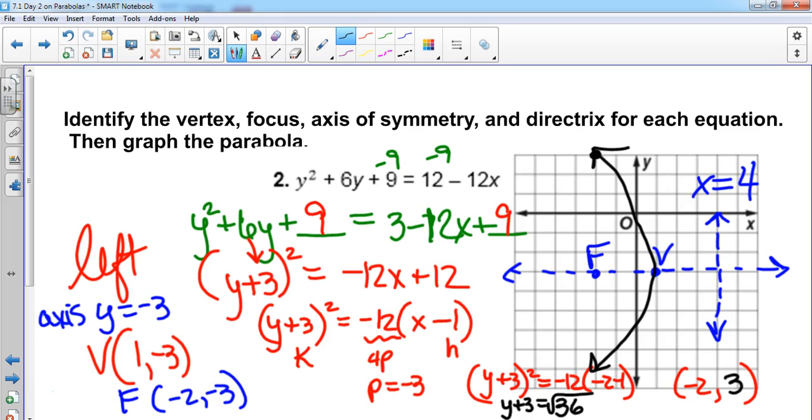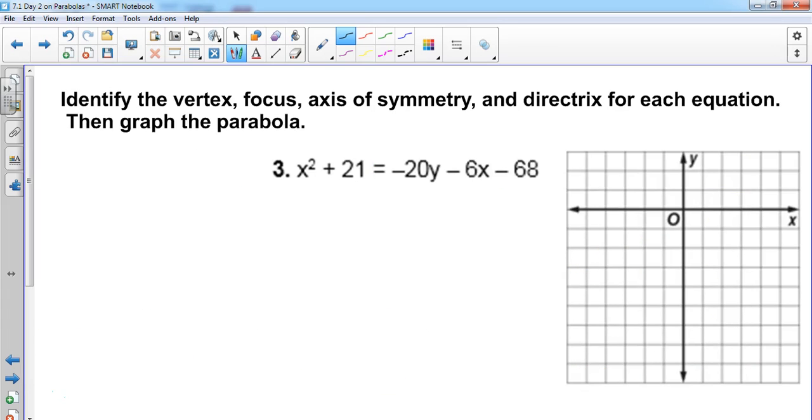All right, a little more practice completing the square. What do we want to move where this time? Okay, so we're going to have x squared plus 6x plus blank.